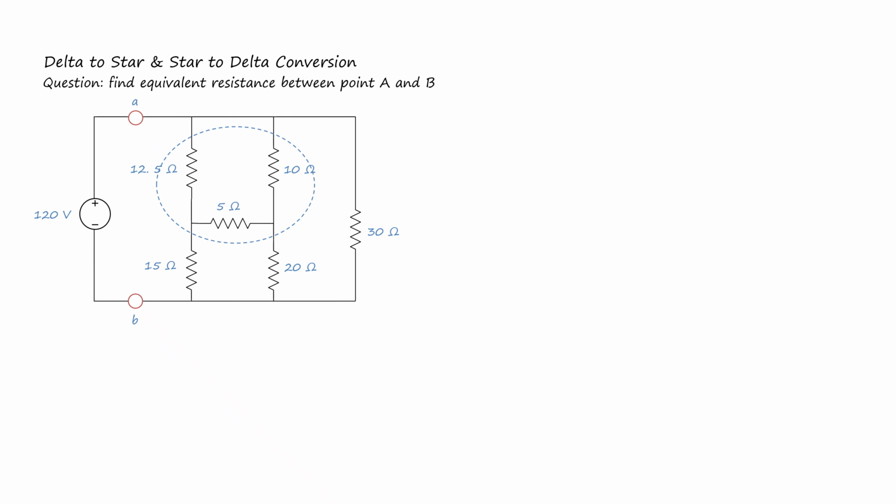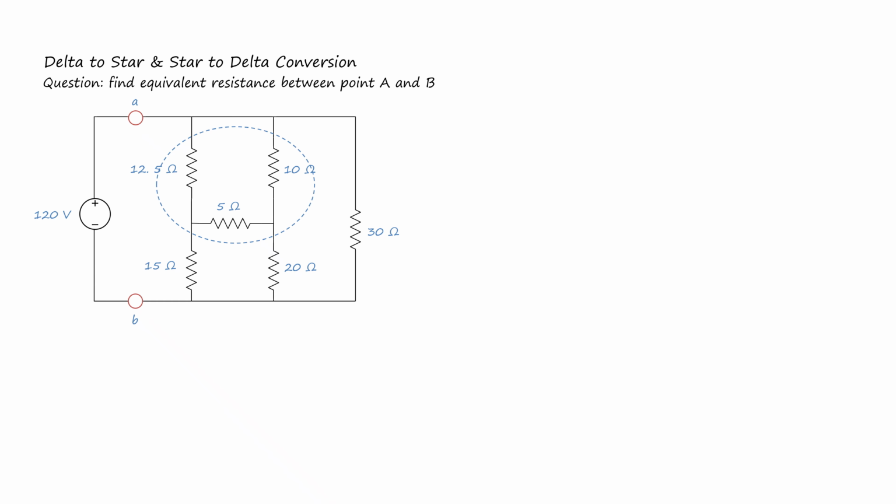Although the top terminals share the same wire, the bottom terminals are separated by the 5 ohms resistor. So these resistors are not in parallel. Therefore we cannot simplify the circuit directly using series and parallel rules. So what do we do?